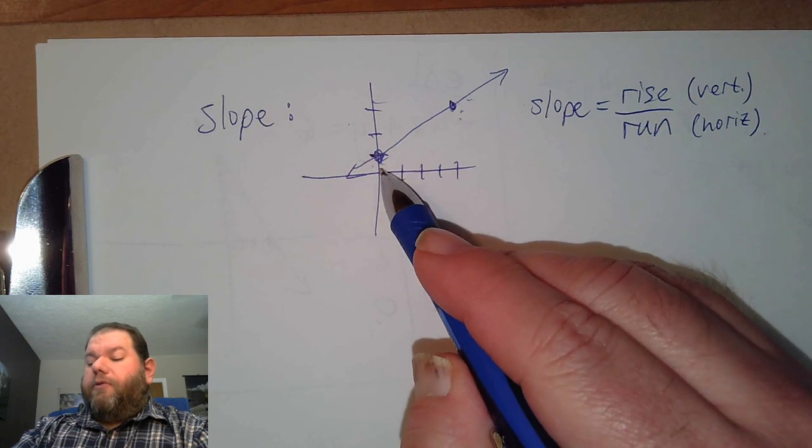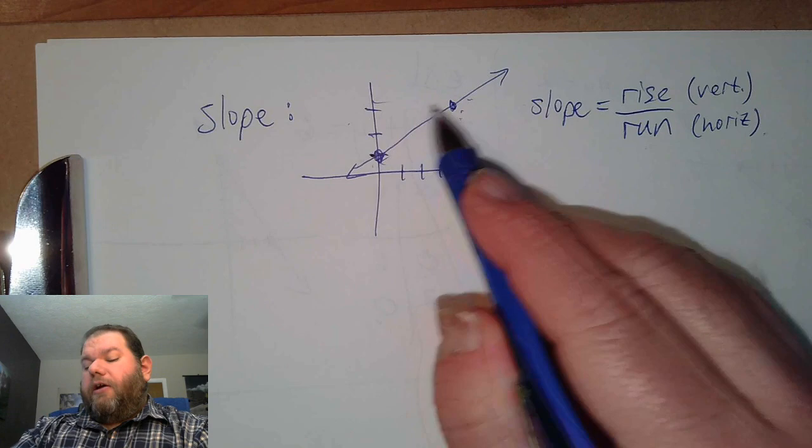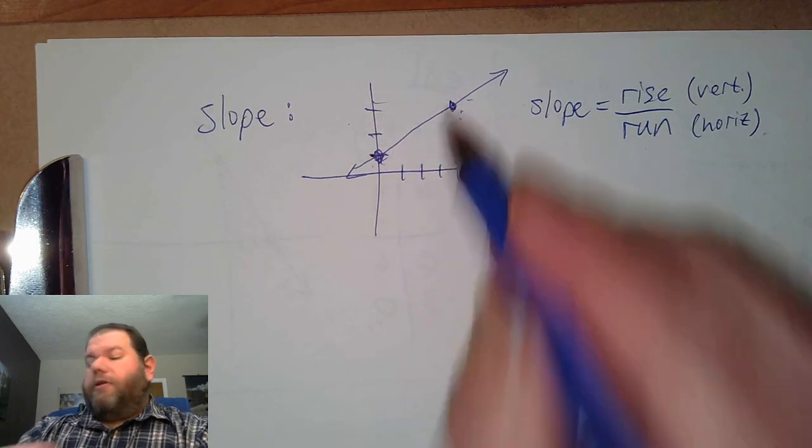So to get from this point to this point, how far up and how far over do we go? What is our rise and what is our run?